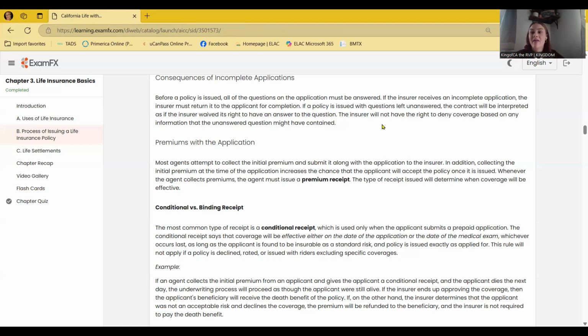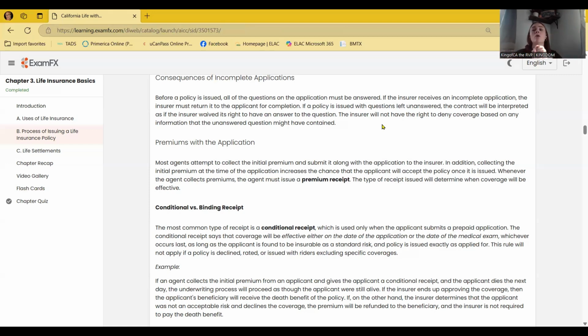But if the insurance company processes that policy, right? They say, yes, you're good, and they take the premium. Then any unanswered questions are then considered to be forfeited, right? Let's just say the smoking question wasn't answered, whether they do or don't smoke. If they accept this policy and process it, and we get a policy in hand, but they didn't get that question, they are forfeiting their right to knowing that question.